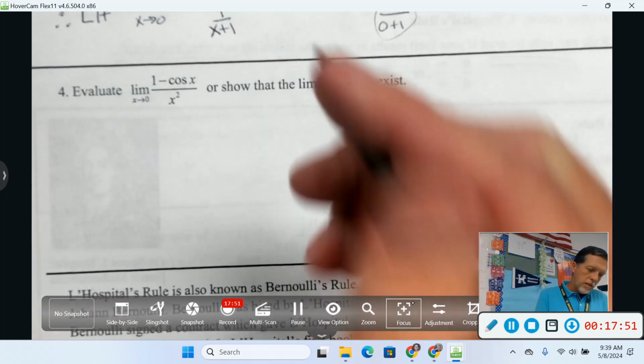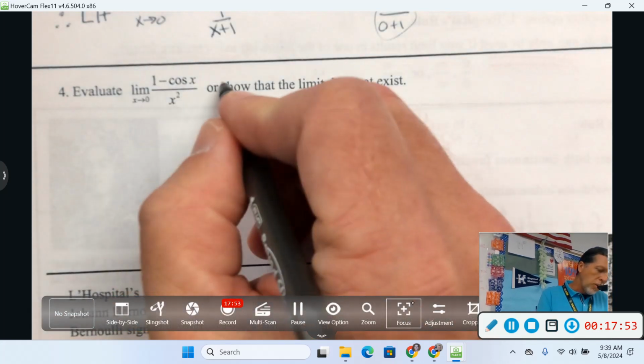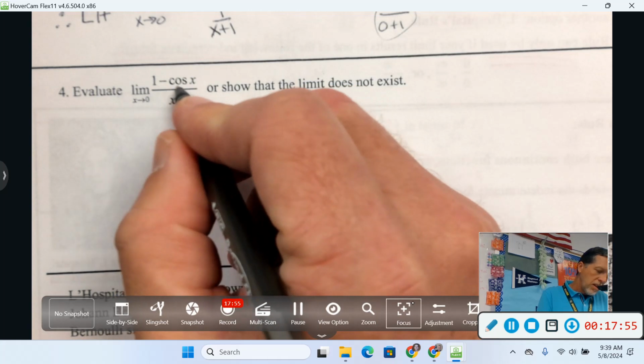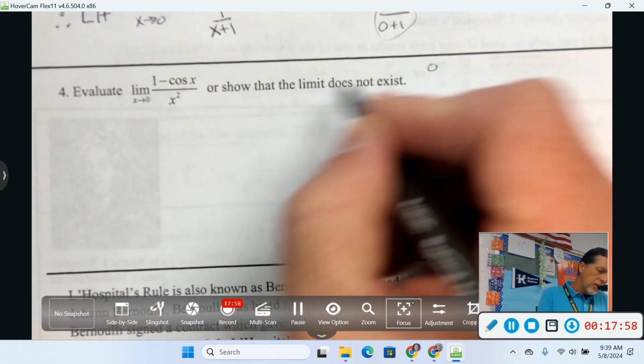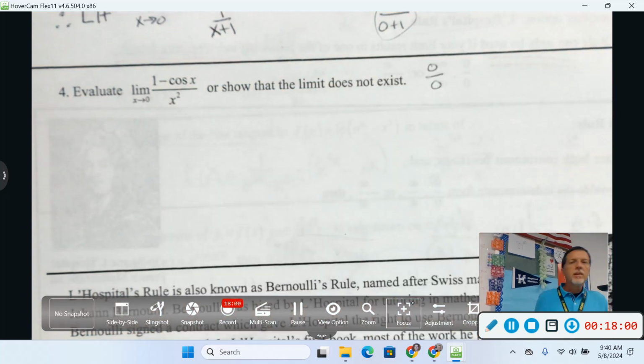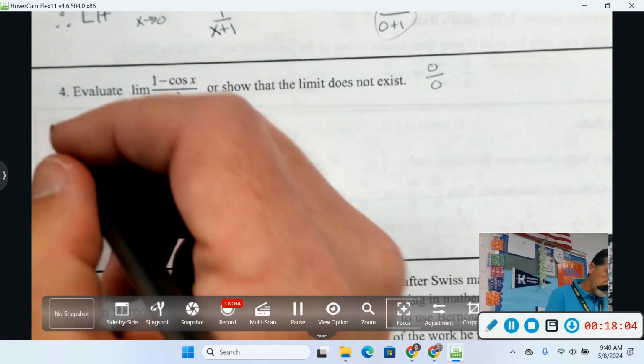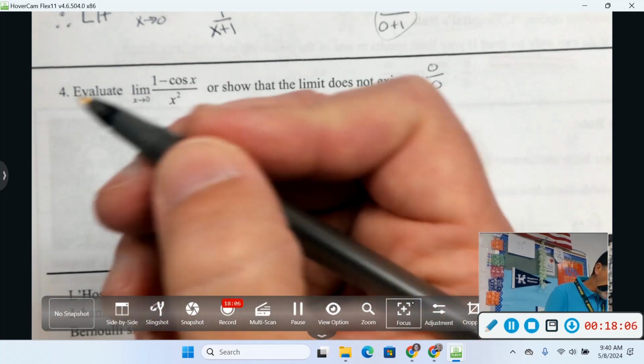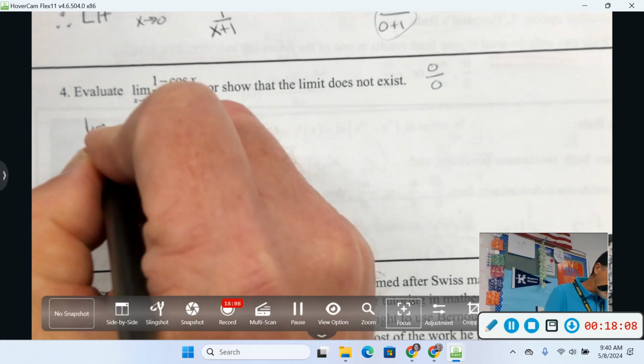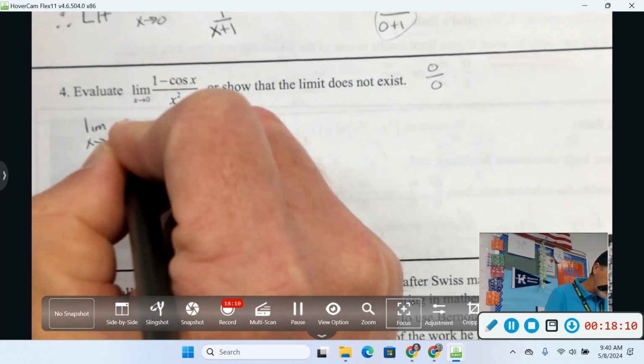Number 4. I plug in 0. Pretty sure I know what's going to happen. 1 minus 1 is 0. 0 squared is 0. So let's try L'Hopital, or let's show that the top is 0 and the bottom is 0, and then we'll use L'Hopital.